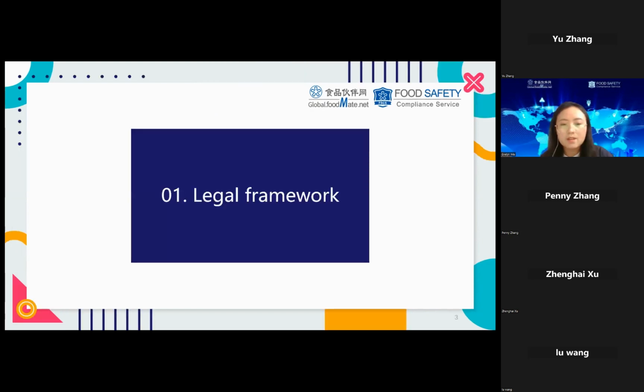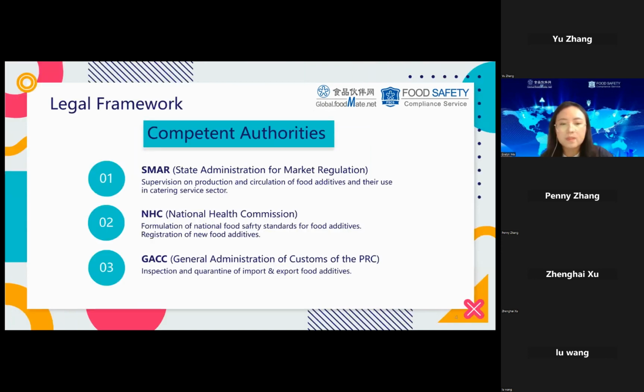Now let's begin with the brief overview of the framework for food additives in China. Before introducing the legal framework, let's see the competent authorities related to the food additives first. As we all know, China has established a very solid and complex system to regulate and manage food additives.